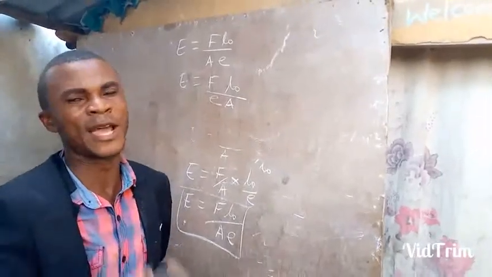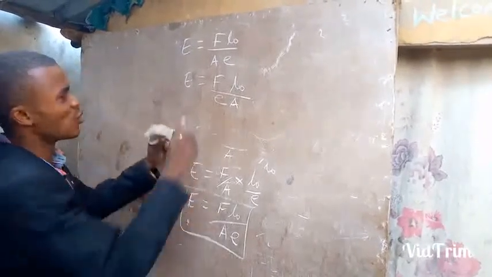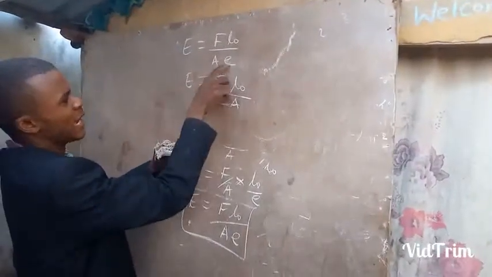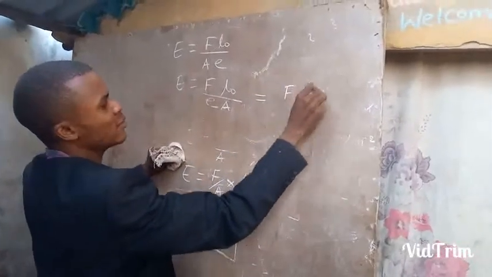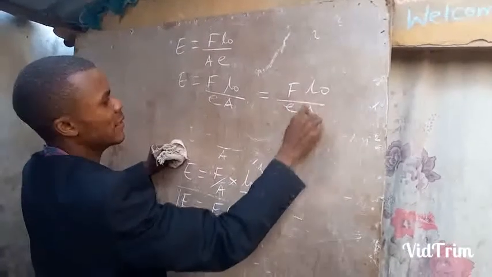So A times e is the same as e times A, and we have F L0 divided by e A.